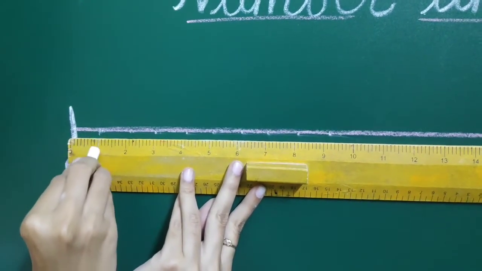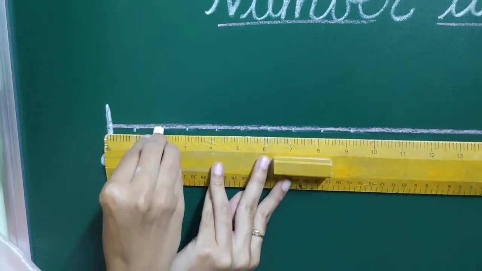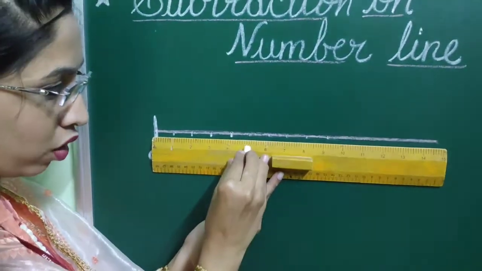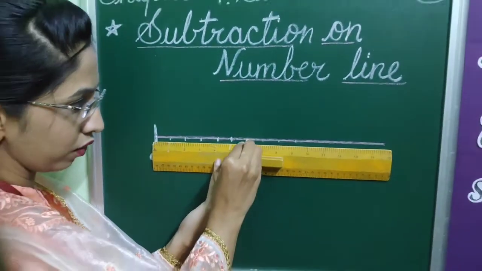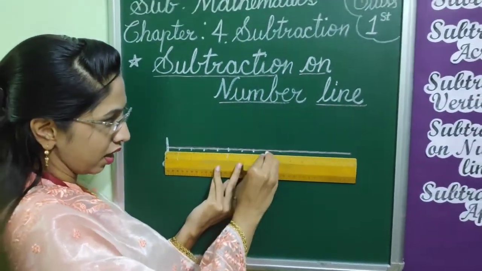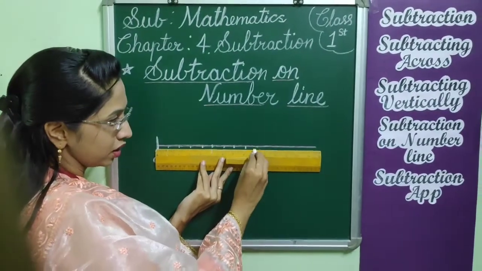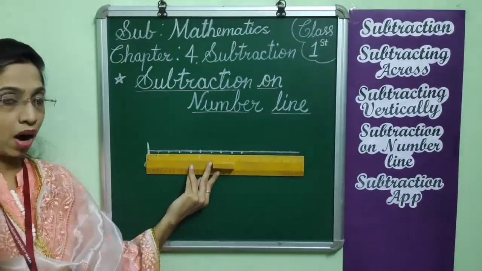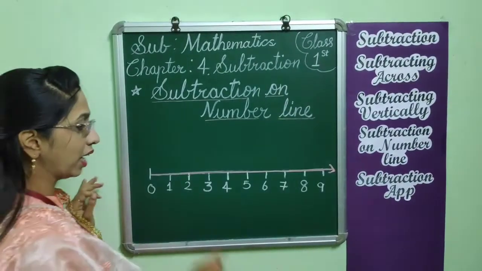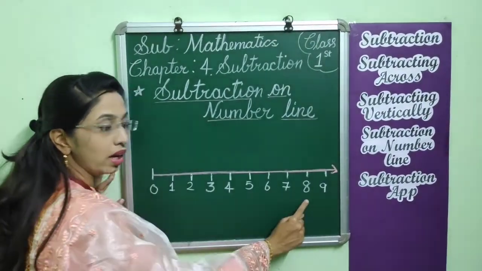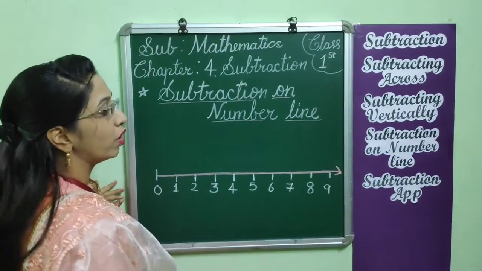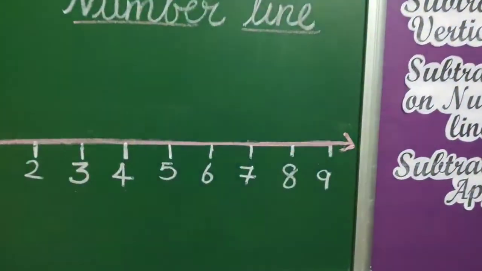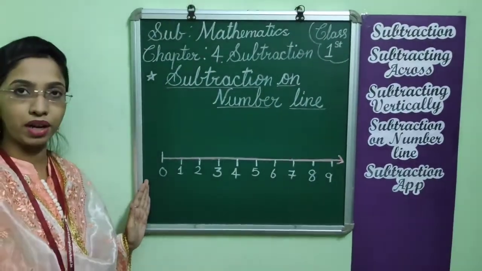Where is 1? Straight above. Then 2, 3, 4, 5, 6, 7, 8, 9. Observe carefully how I marked. After writing numbers on the number line, we close the number line by using an arrow mark. This is called number line.